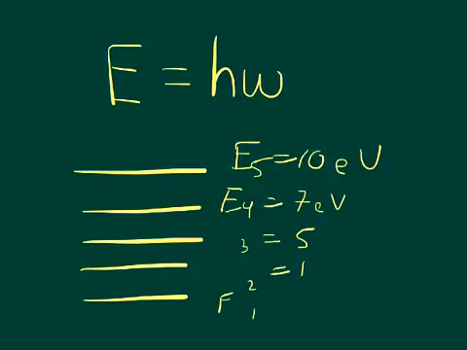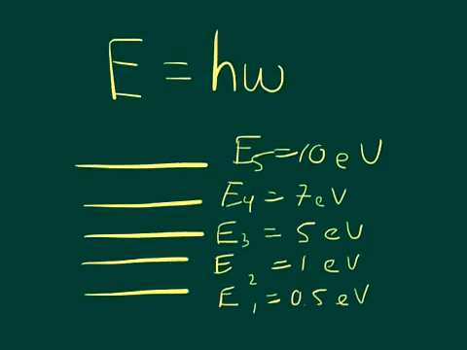And level 1 was a half of an electron volt. And let's say that the electron jumps from level 4 to level 2. What's E? What's the difference here, right? The difference is 6. Be careful, 7 to 1 is 6. So E would be 6 here.